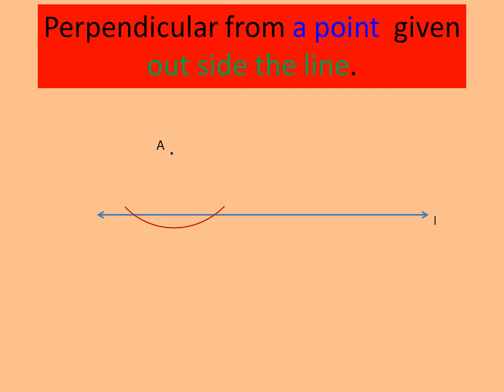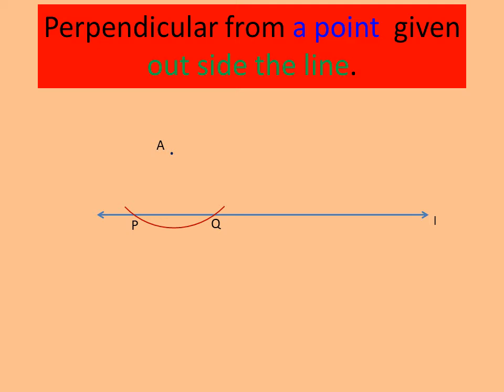You have to fix a radius of your own choice. The condition is that the arc from point A must intersect line L at two distinct points. So the arc from point A is intersecting line L at points P and Q.